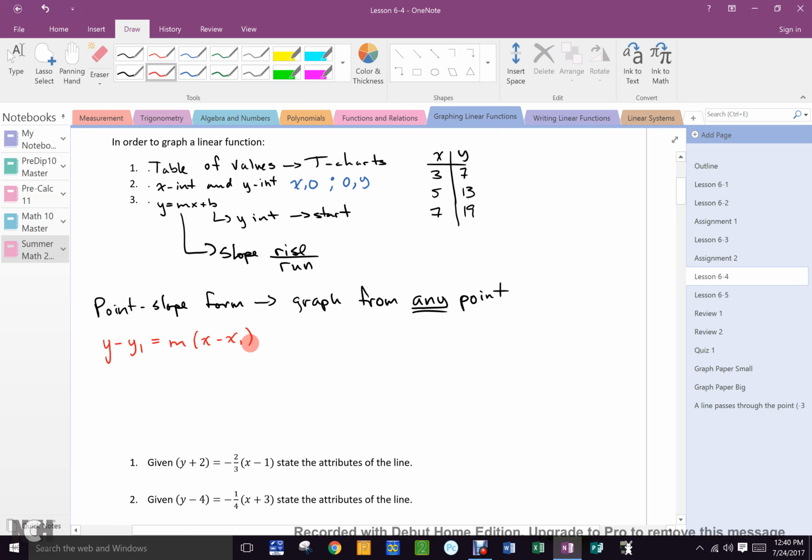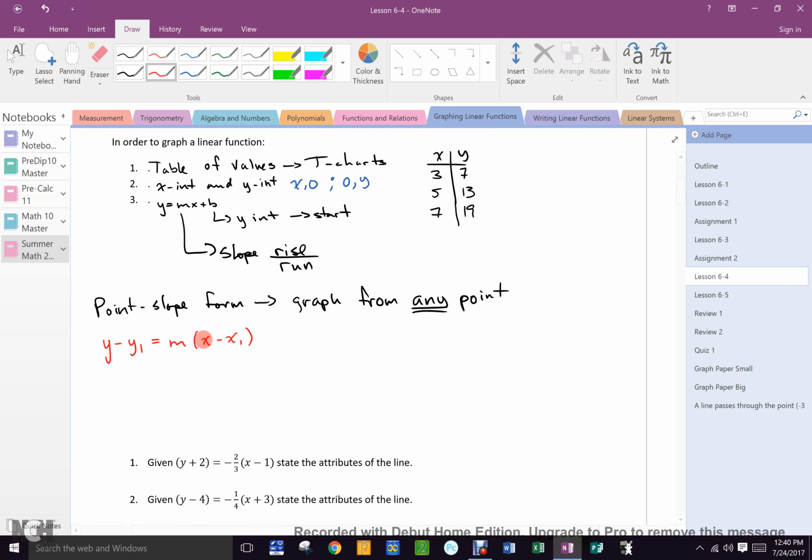Now, looking at that, you should see there's some stuff there that we've seen, isn't there? What have we seen in that form that we already know how to use? Yes, there's distribution. What else? There's an m. So slope's involved, yes? What else? x1 and y1, which are just points on the graph, aren't they?